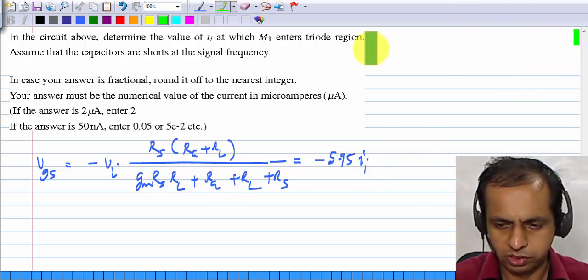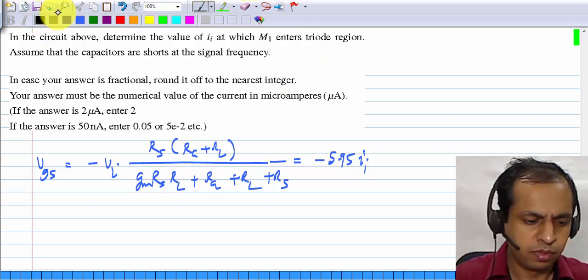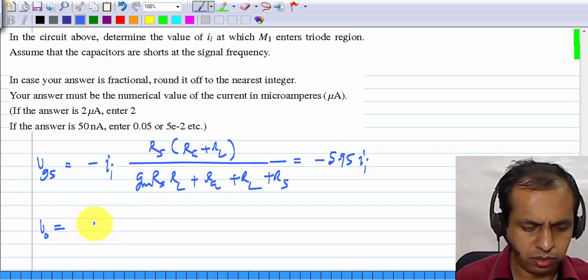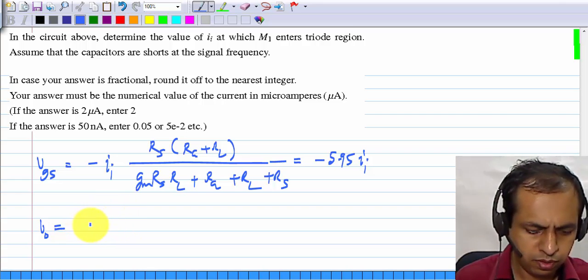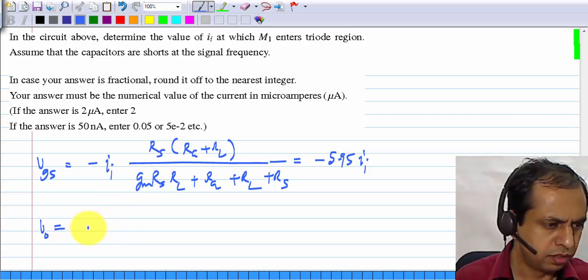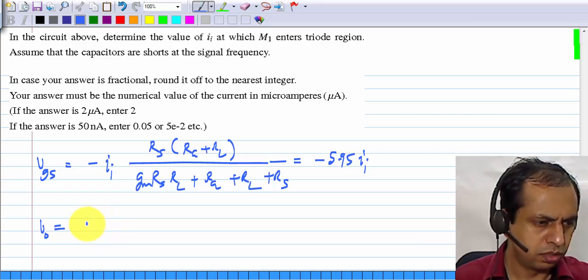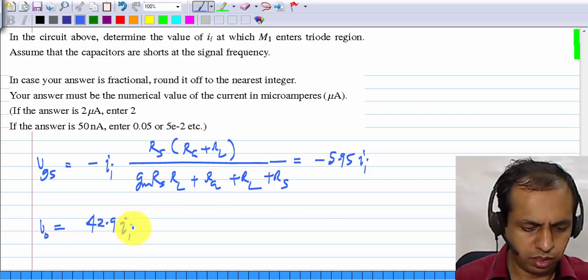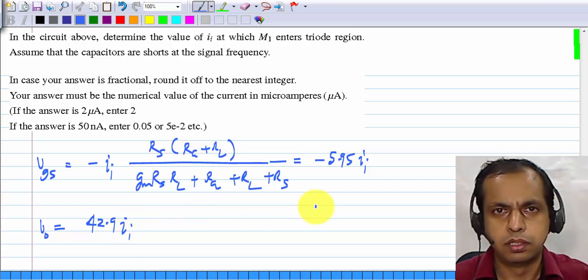Now we also know that V0 is, as we've already calculated, 42.9 times Ii.